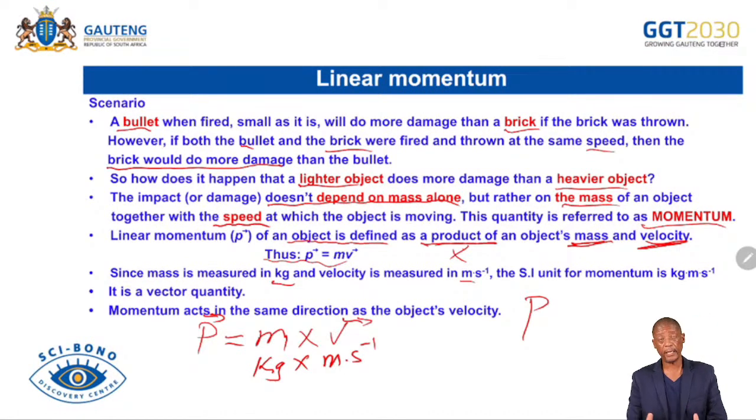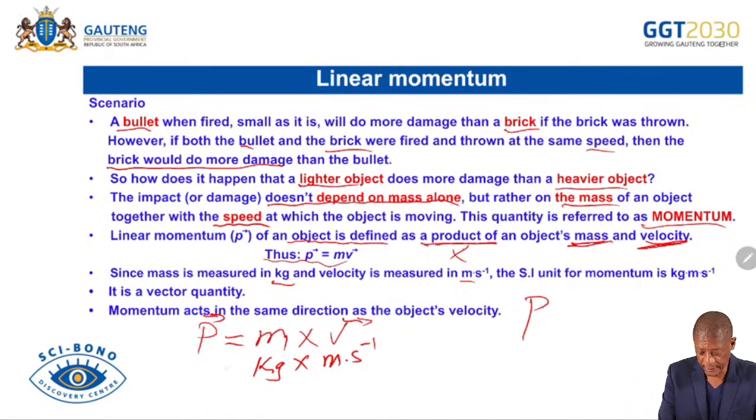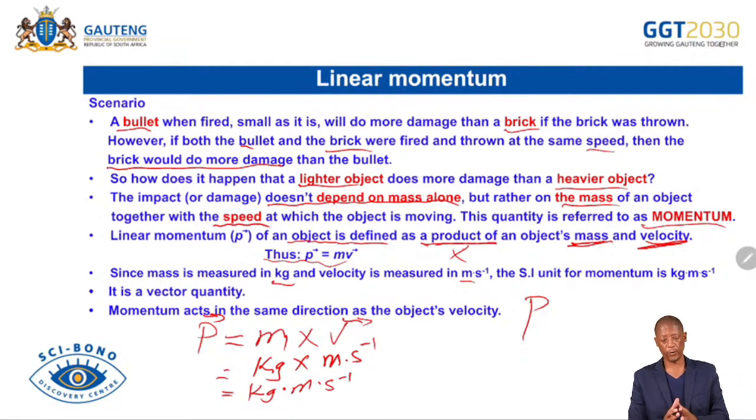Then what does it tell us? What is the SI unit of momentum, therefore? It will be equal to kilogram meters per second. This is the SI unit for momentum.